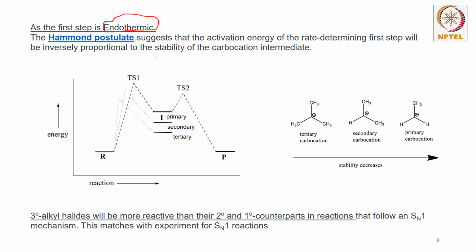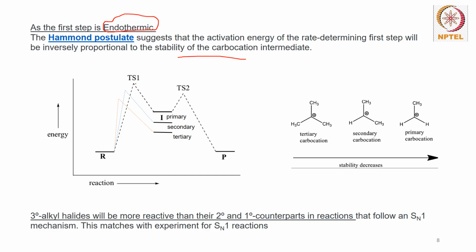Now, as we have discussed earlier, in case of an endothermic reaction, as much as the transition state gets stabilized, it shifts towards the reactant, and the activation energy we need also gets reduced. Therefore the Hammond postulate suggests that the activation energy of the rate determining first step will be inversely proportional to the stability of the carbocation intermediate.